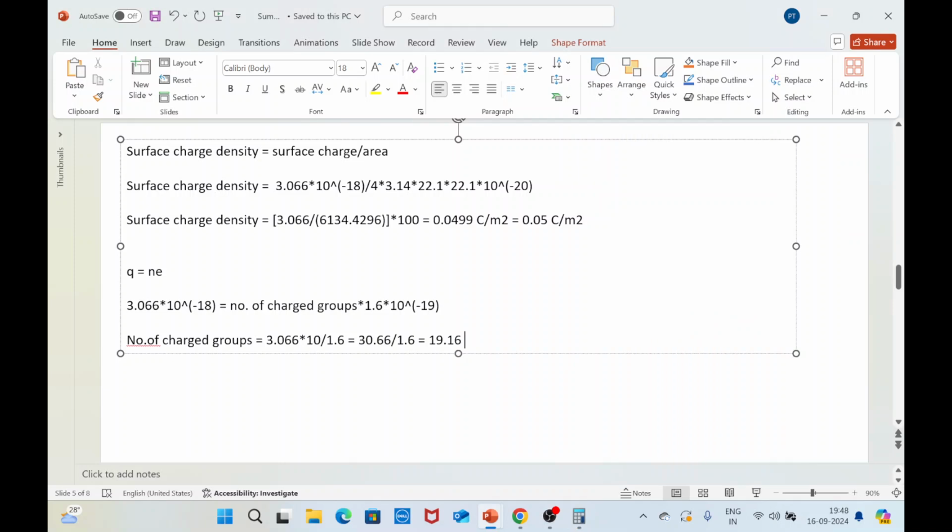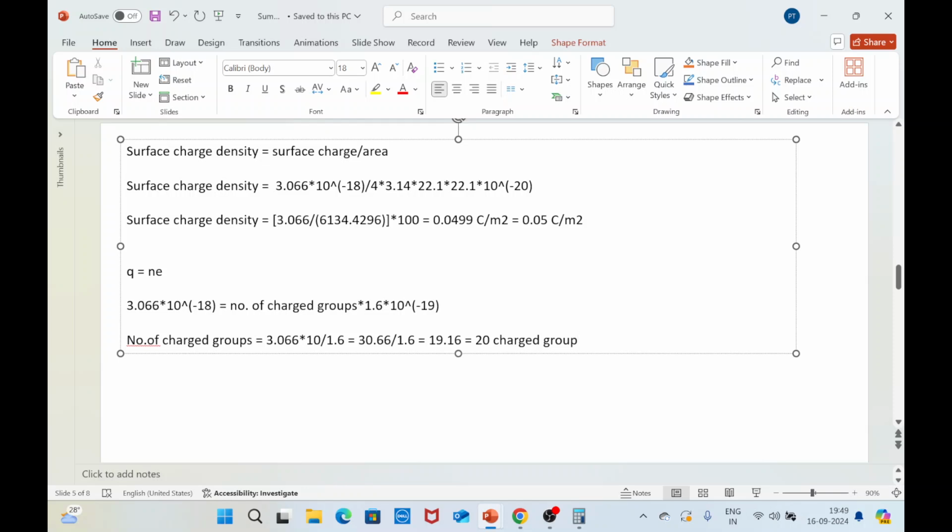So roughly you can say 20 charged groups in one molecule, because the charge carried by one group is 1.6 times 10 power minus 19.